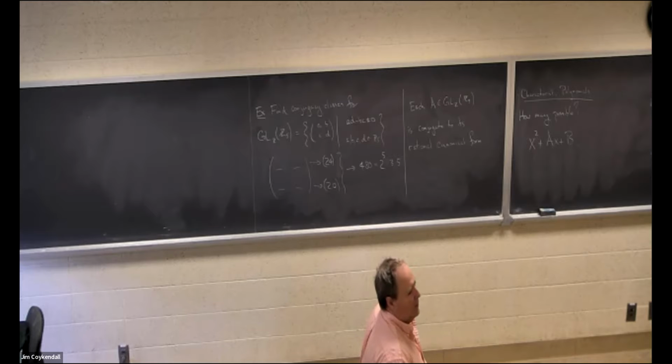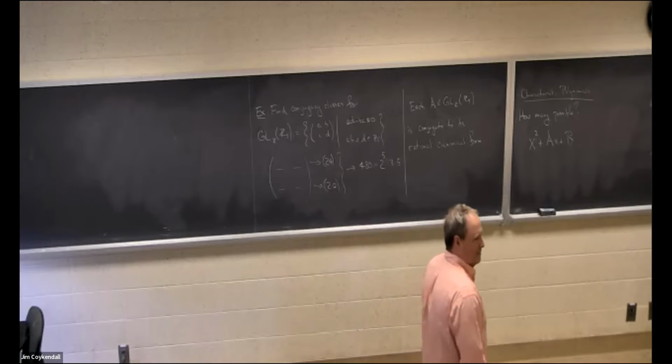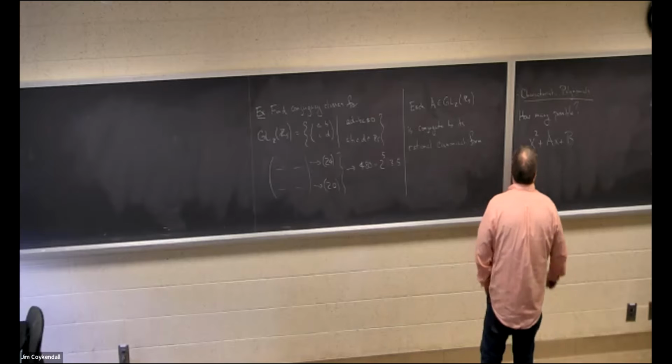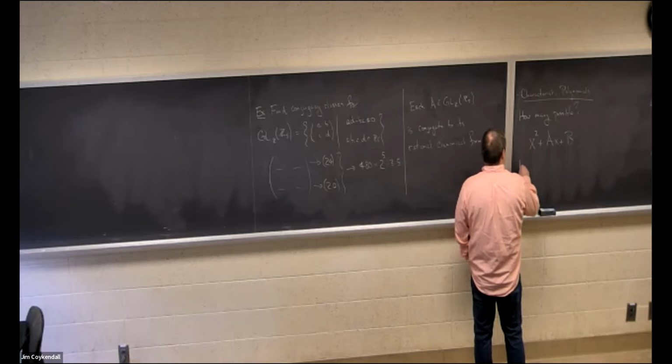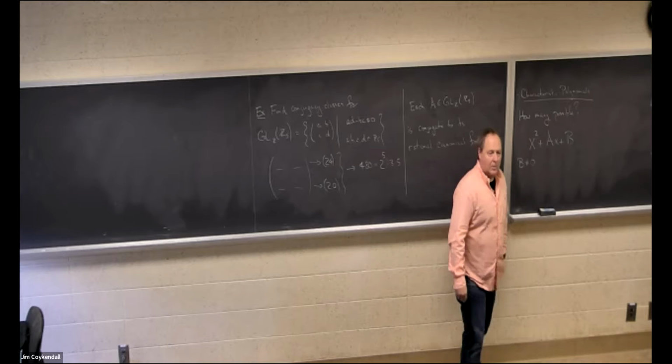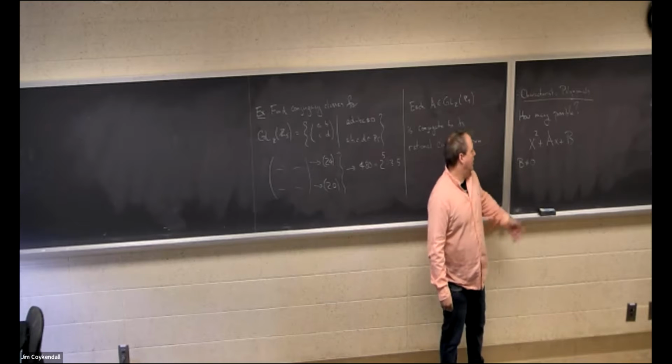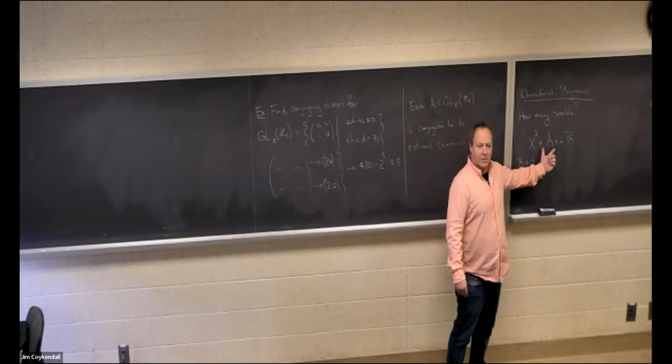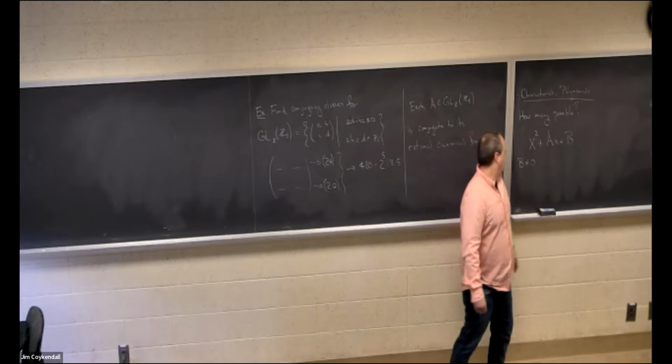Remember, it's important that these matrices are invertible. B is not 0, right? Because if B is 0, then one of the eigenvalues is 0. The matrix isn't invertible, right? But anything else goes.